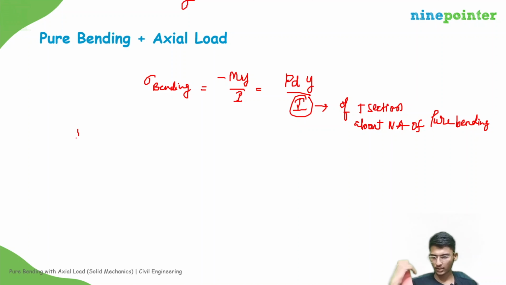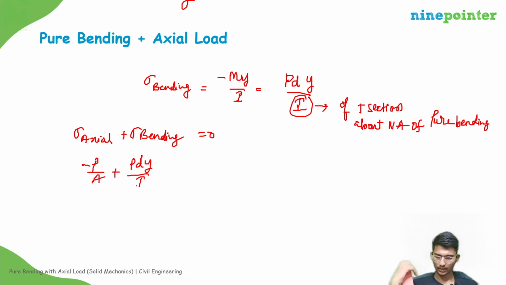So for the neutral axis, we can write sigma axial plus sigma bending is equal to 0. So we can write minus P by A plus PDY by I is equal to 0. So PDY by I is equal to P by A. This P gets cancelled. We get Y is equal to I divided by AD.